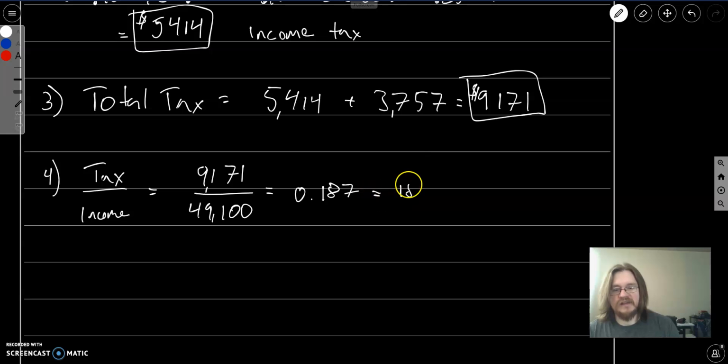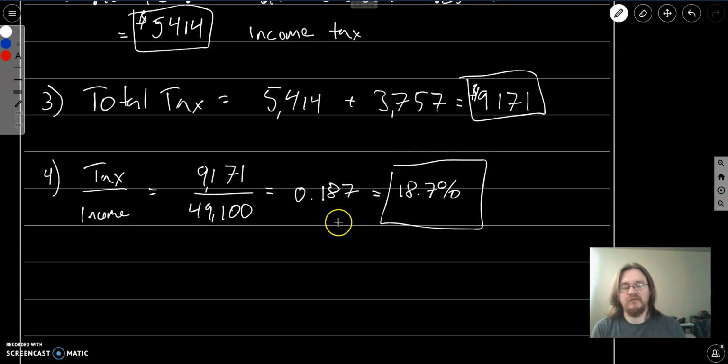Which is the same thing as 18.7%. So their overall tax rate was 18.7%, which means that 18.7% of their earnings go towards taxes.